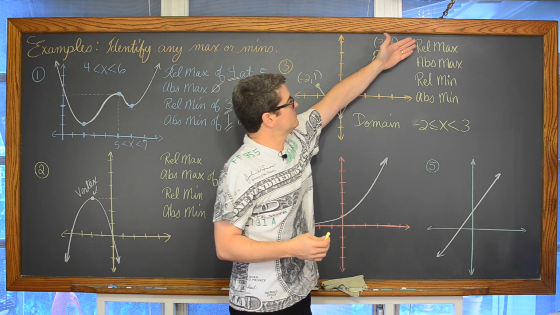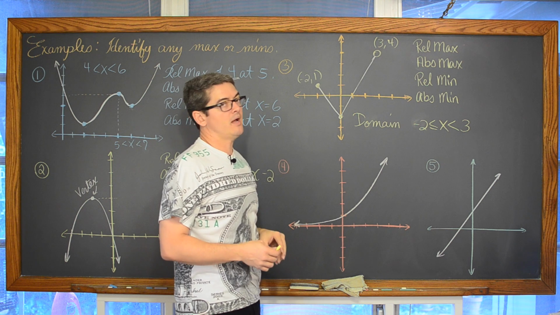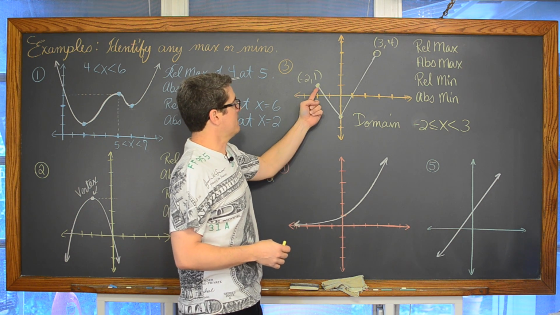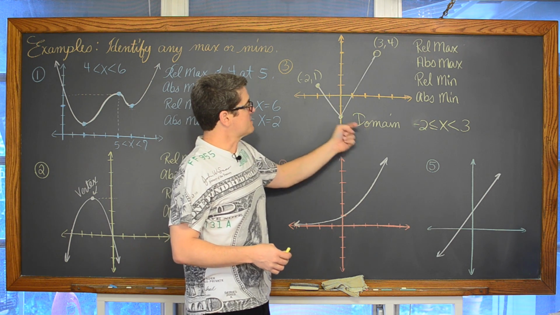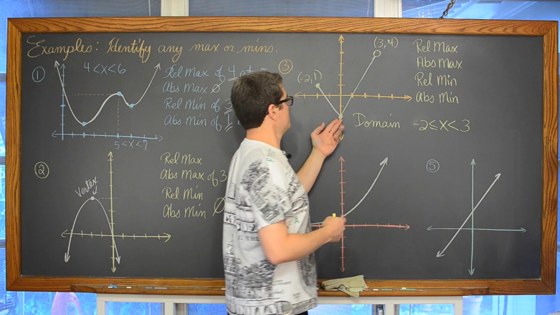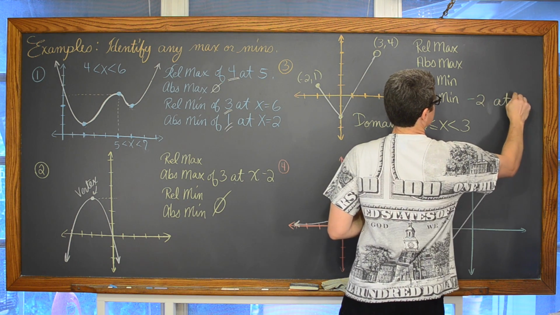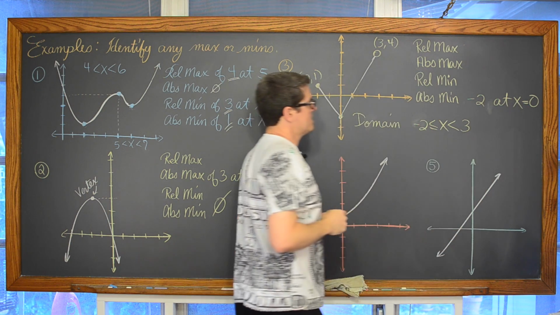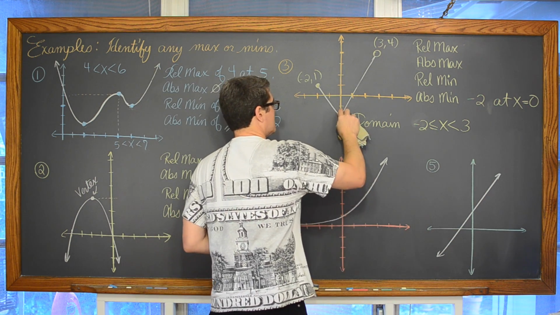So there are no maximums, relative max or absolute max, in this graph. Again, I can't call that a relative max because it's not on an open interval. There's just an absolute min of -2 at x equals 0.